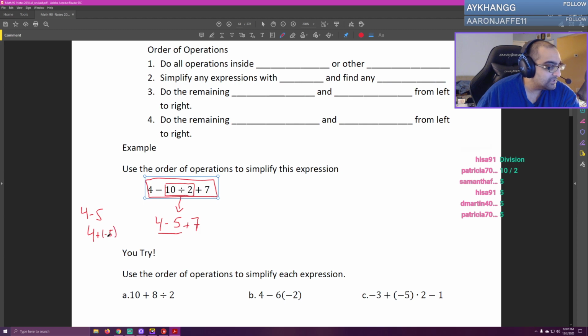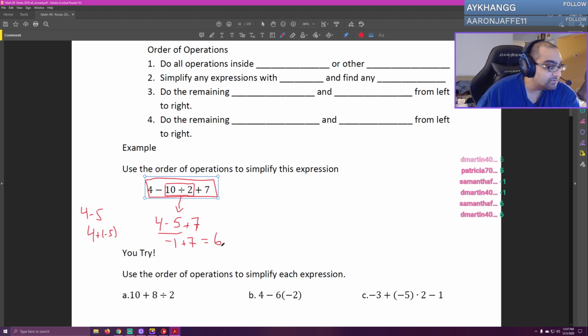So what do we get here? What's 4 minus 5? -1. That is correct. And then we have -1 plus 7. All right, +6.